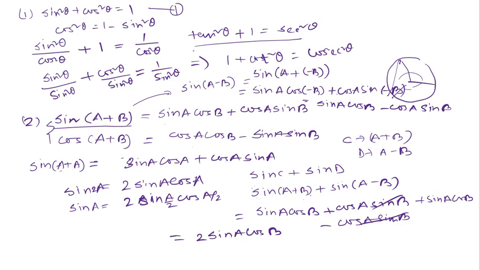A plus B equals C and A minus B equals D. If I add both, I get 2A equals C plus D, or A equals (C plus D) by 2. So 2 sin ((C plus D) by 2) cos B equals, nothing but, cos ((C minus D) by 2).